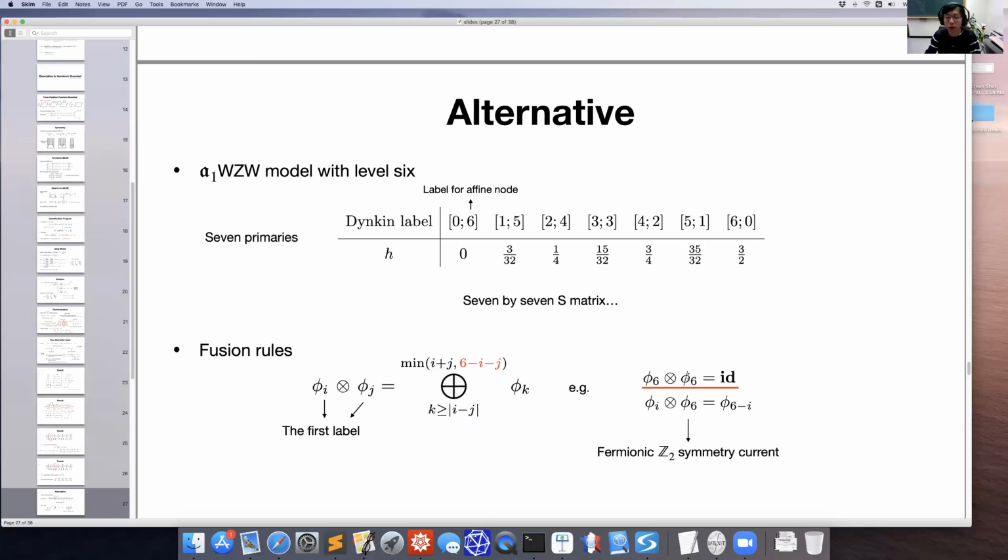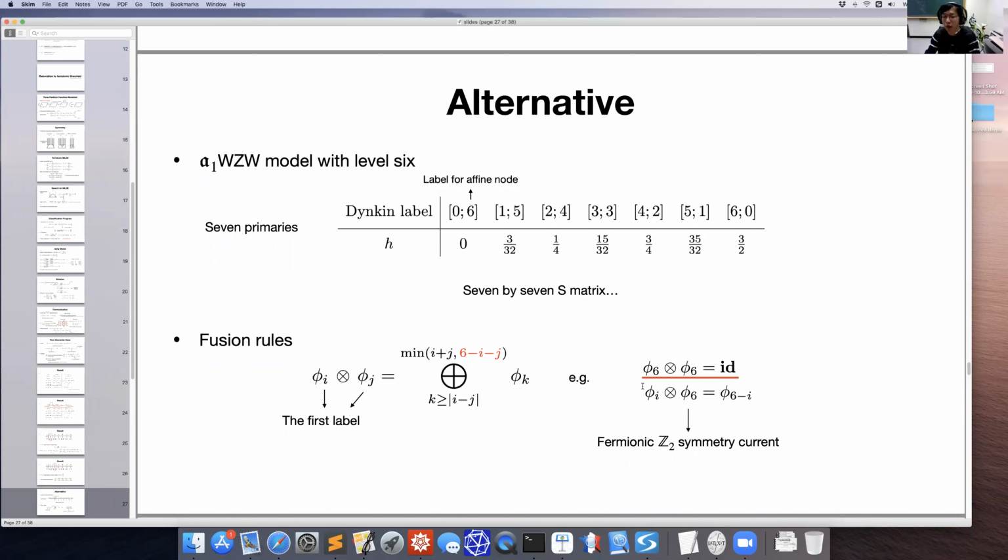Yeah, but so if j is equal to 6, actually there's only one term left, and again we only have one field appearing after you take the fusion rules, and also for j equal to 6, it corresponds to this guy. This has conformal weight 3/2. So again, it's like a fermionic C2 symmetry current.